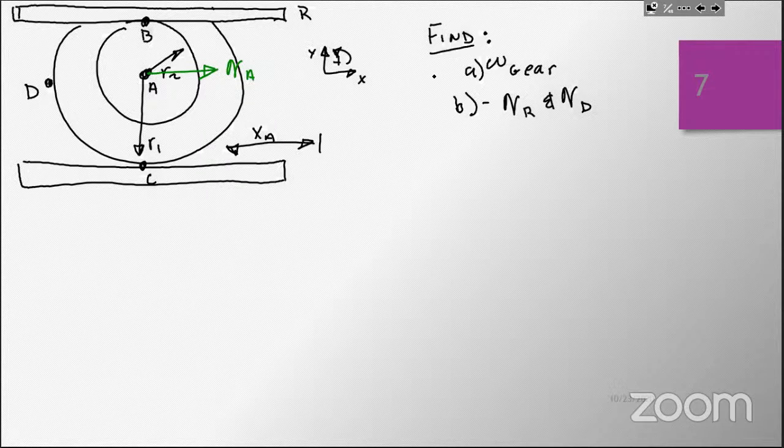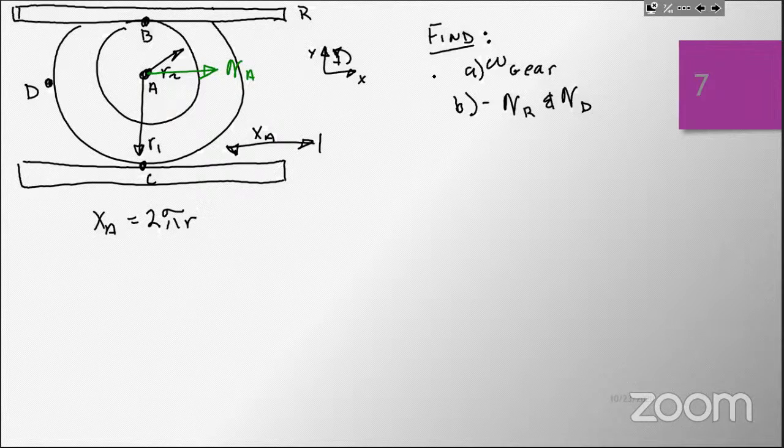The circumference, exactly, right? So if this rotates one time, we should move the circumference of that outer gear, right? Okay. So x sub a is equal to 2 pi r, right?